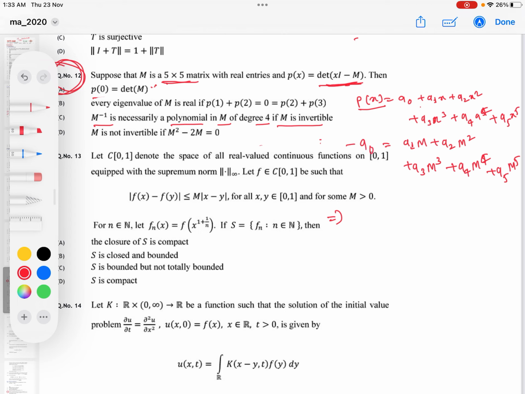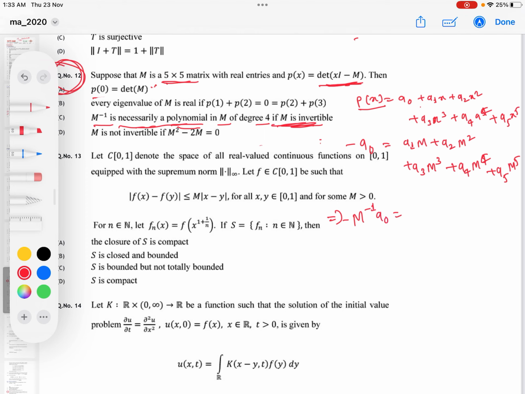Now let's multiply both sides by M inverse, because according to this option, if M inverse exists, then we will have to check that M inverse is necessarily a polynomial in M. So minus a naught.